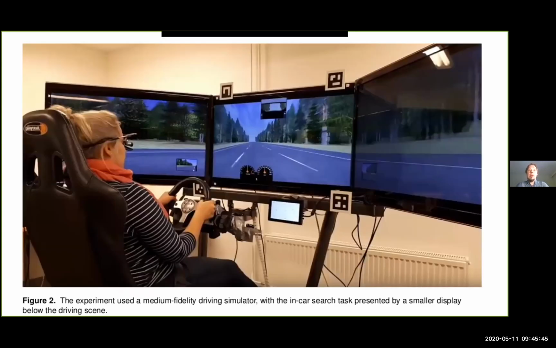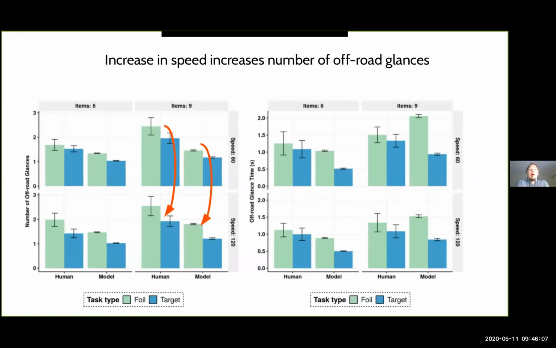Now to test this, we had participants driving in a simulator, and you can see there on the bottom of the primary screen, there is a small tablet that has the in-car search task. And I'll just show you one result here, and then I'm finished. What we observed, this is a very subtle effect, but it's statistically significant. For humans, when we increase the driving speed, the number of off-road glances increases.